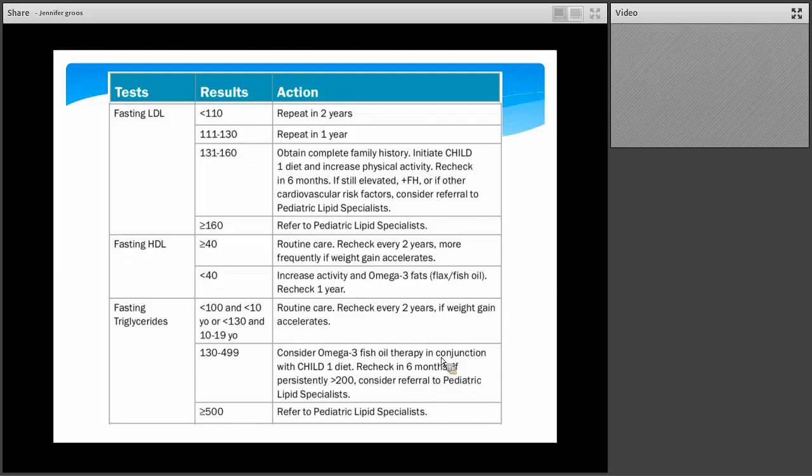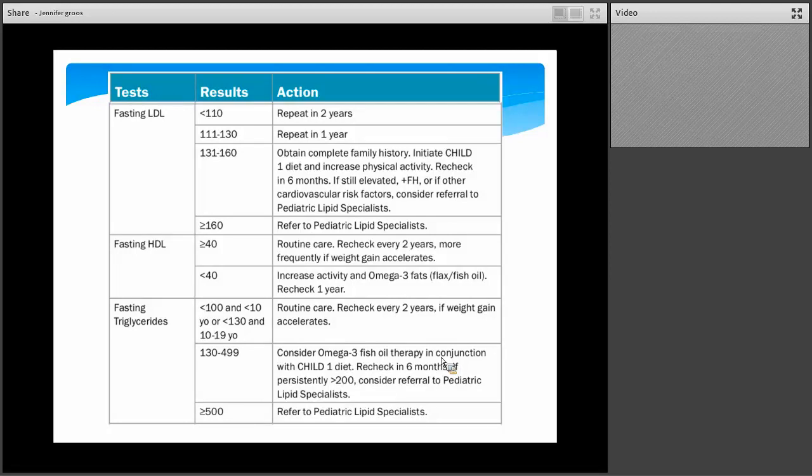If it's still elevated, or if there are other risk factors, consider referral to a pediatric lipid specialist. And if it's over 160, the recommendation is to get them involved in a pediatric lipid specialty clinic sooner rather than later.